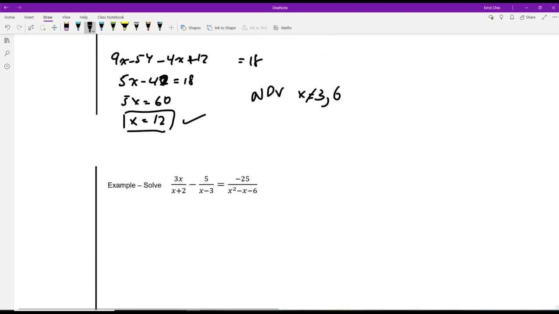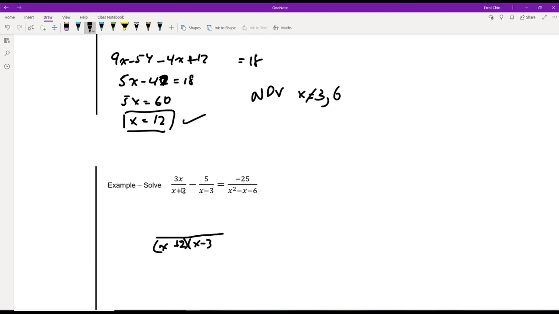Let's see, this one here. It says 3x over x plus 2, minus 5 over x minus 3, and x squared minus x minus 6. Oh, those are the same factors. So I'm going to multiply top and bottom by x minus 3. So it's going to be (x plus 2)(x minus 3) in the denominator.